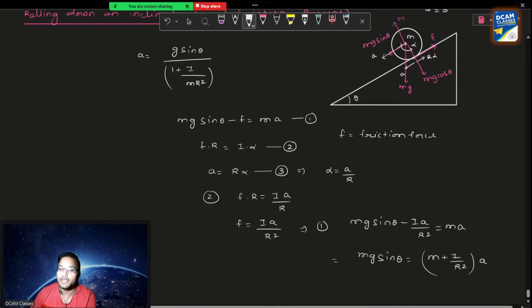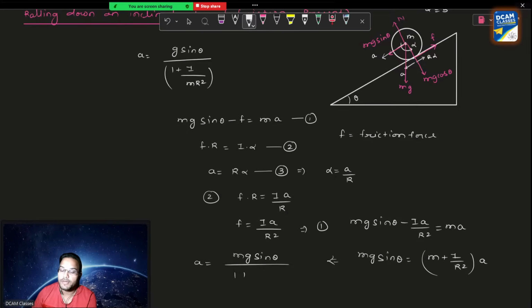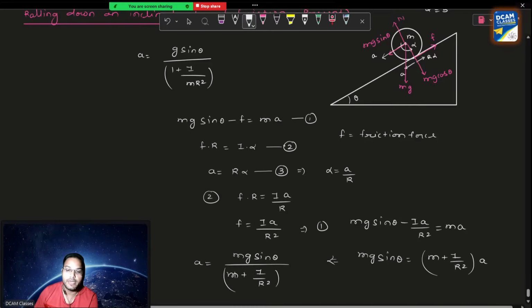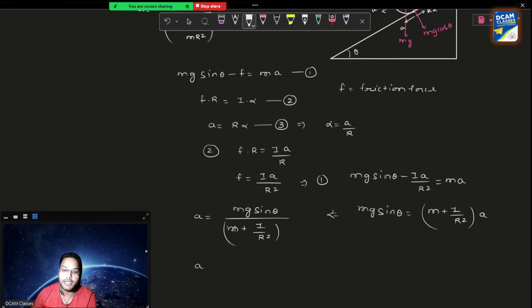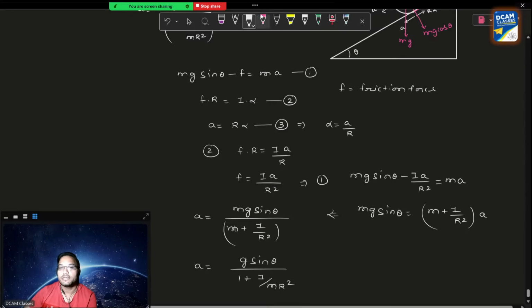So the value of a you are getting here is a is equal to mg sin theta by (m plus I by R²). Divide numerator and denominator by m. So you'll get a is equal to g sin theta by (1 plus I by mr²). This is how you get that result.